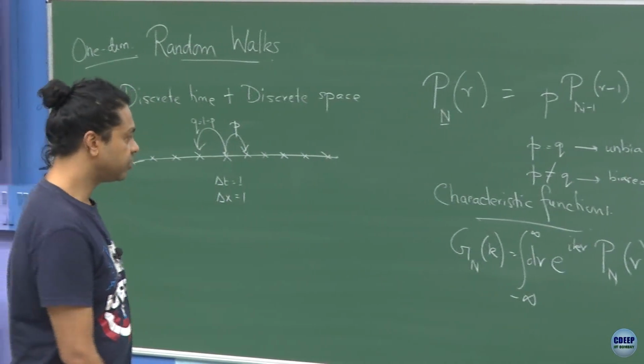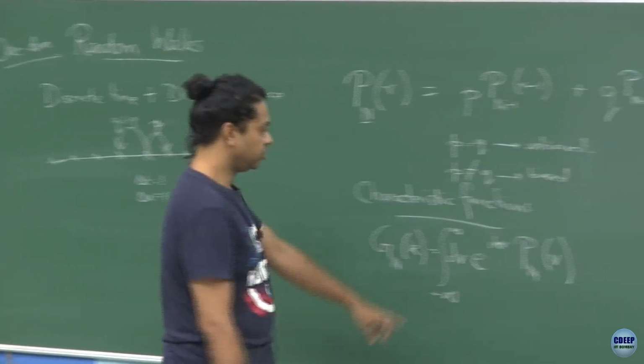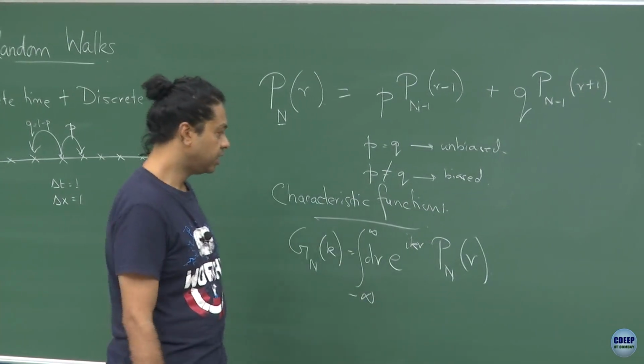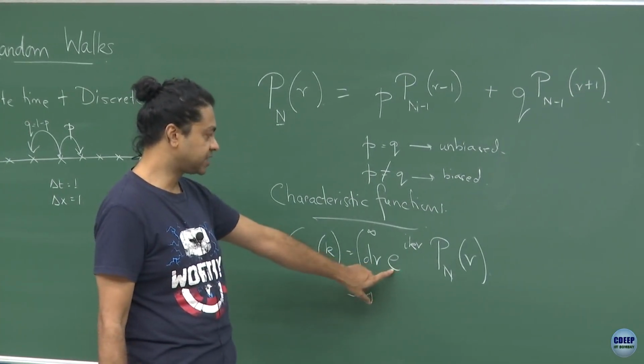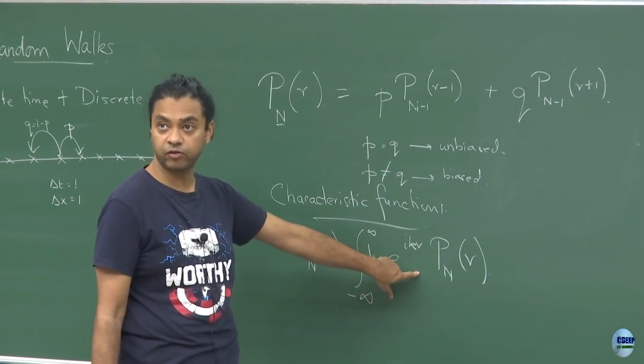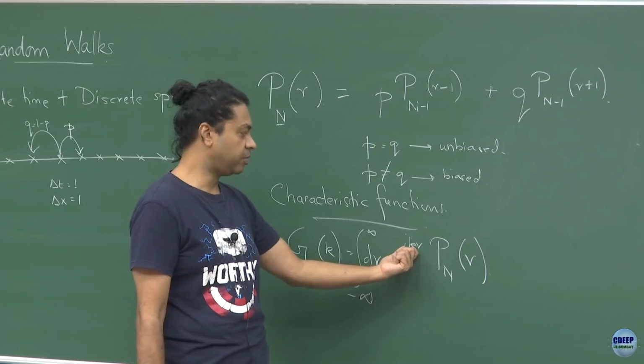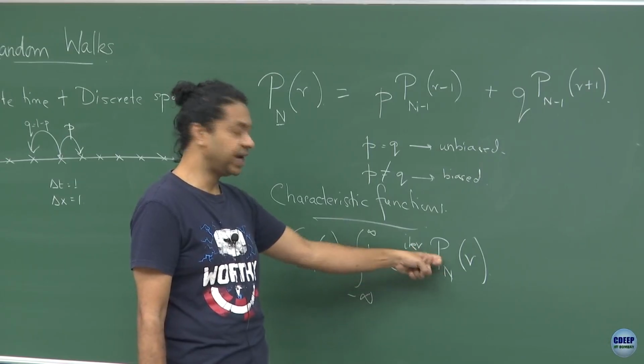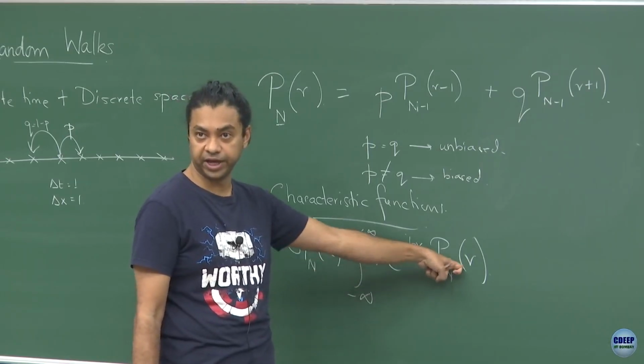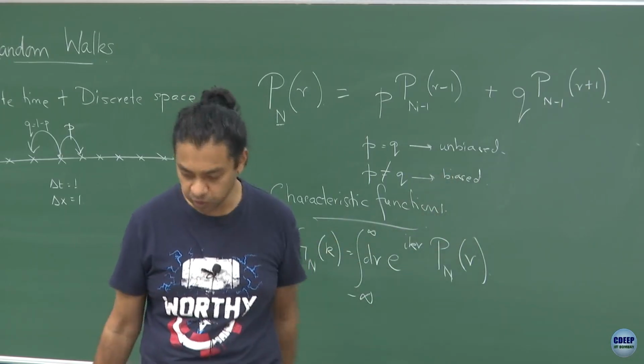So here is my Fourier transform, the characteristic function, e to the power of i k r P_n of r. What we had done was to expand this exponential in series form, and show that powers of i k to the power of n corresponded to the nth moments, r to the power of n P_n of r. That is how we generated the moments.